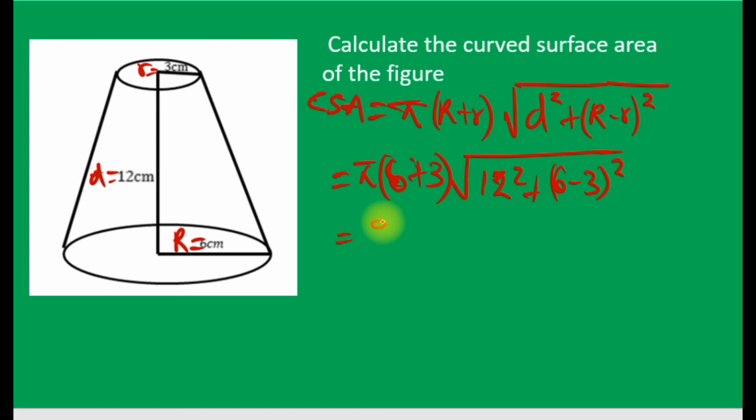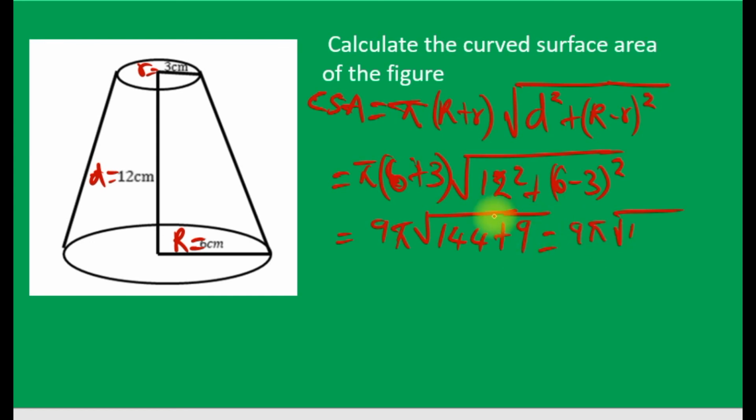And this is 9 pi square root. 6 minus 3 is 3. 3 squared is 9, so we have 144 plus 9. So this should be 9 pi square root of 153.